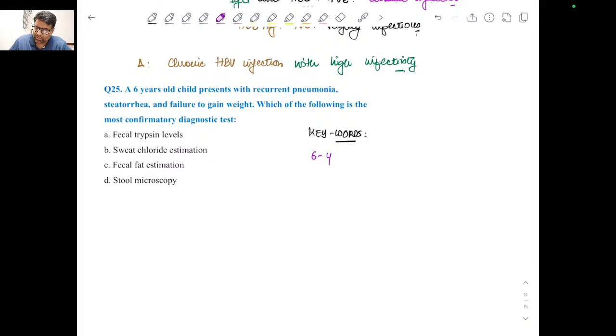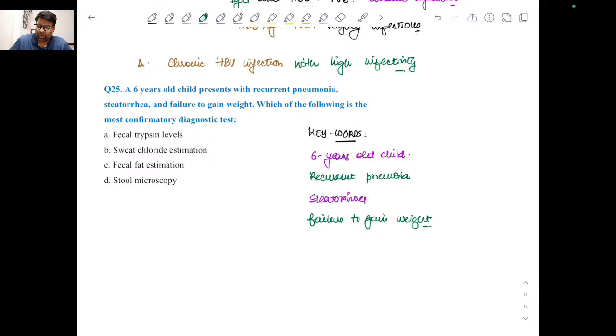So here, 6 years old child, recurrent pneumonia, steatorrhea, then failure to gain weight.